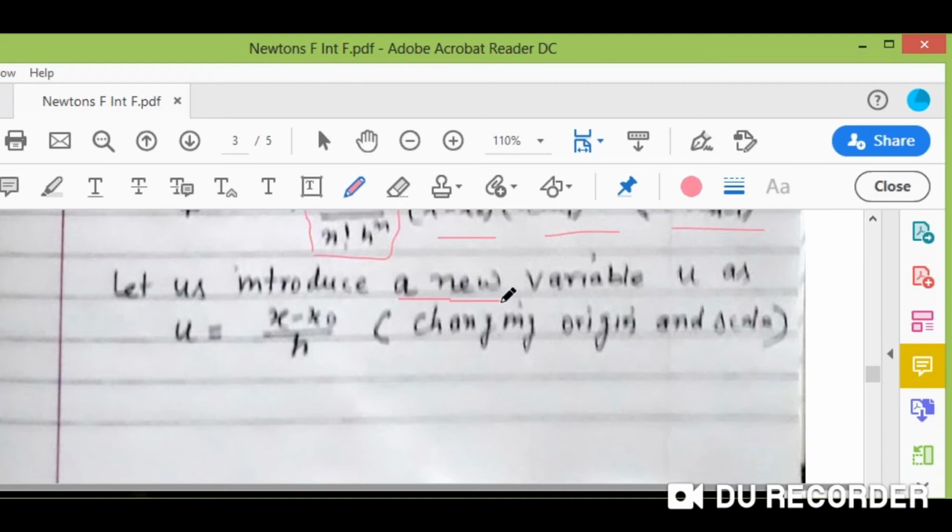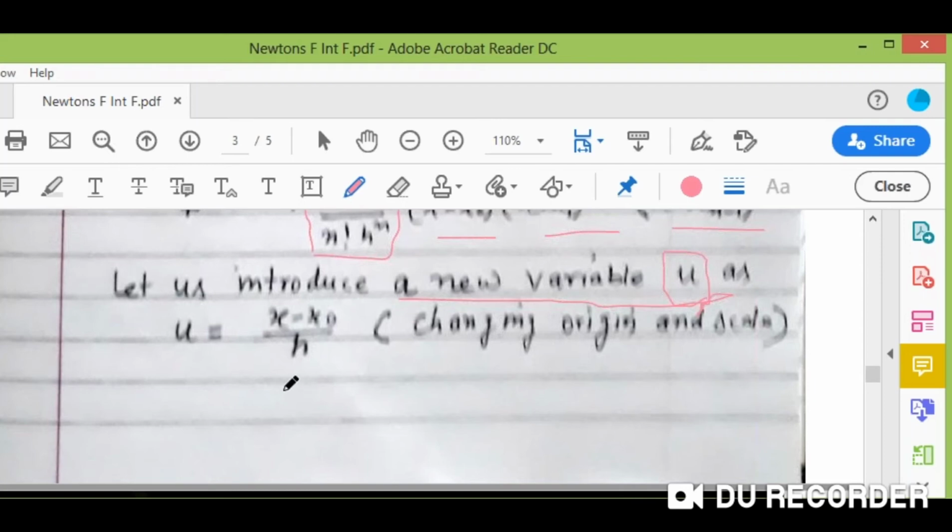There is a trend of introducing a new variable. We are going to introduce a new variable, u. Why are we going to introduce a new variable? What is the purpose of introducing it? You will find that Newton's forward interpolation formula has been expressed and written in terms of this new variable, not in terms of x, not in terms of the old variable.